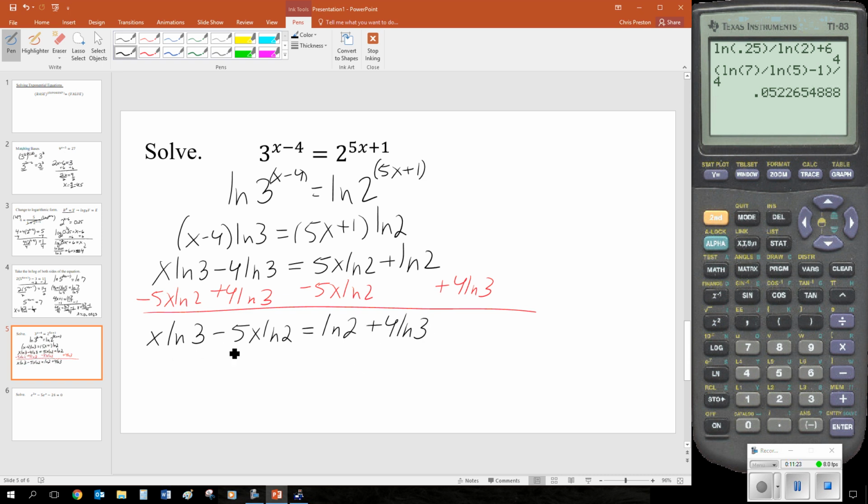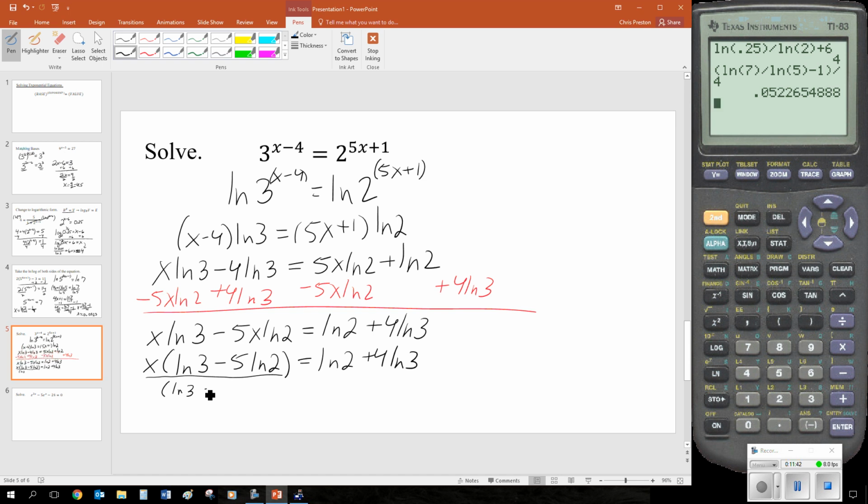These both have an x in common, so you can factor that x out. Now where you had two x expressions, you have one. Then I can get x by itself by dividing by this parenthesis.